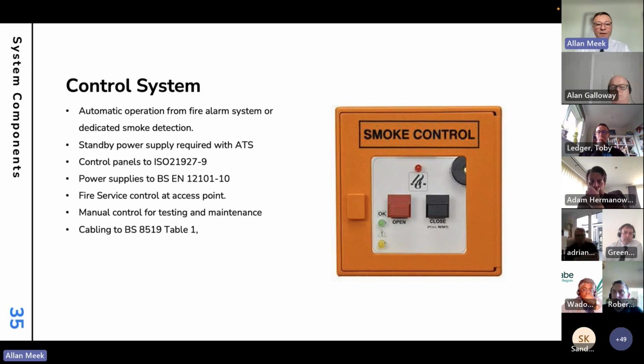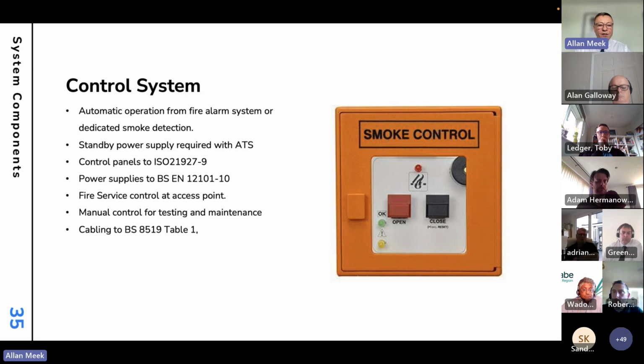Control panels should comply to ISO 21927 part 9, which is the equivalent of BS EN 12101 part 9, a non-harmonized standard. So that is another one that would require self-declaration rather than third-party testing. But it is a useful standard, and it does cover things like cable monitoring and some other really useful points, so it should be specified wherever possible. Power supplies should comply to 12101 part 10 and should be third-party certified to that.